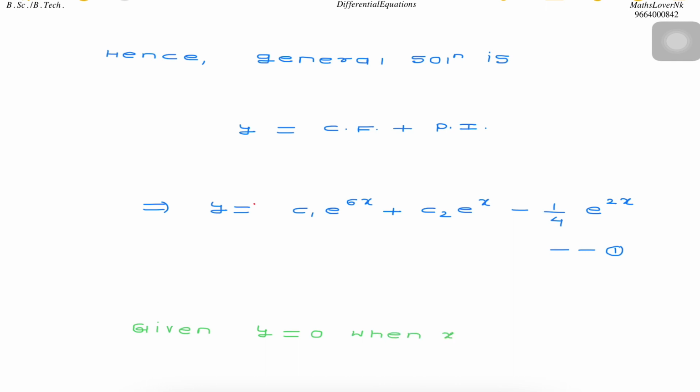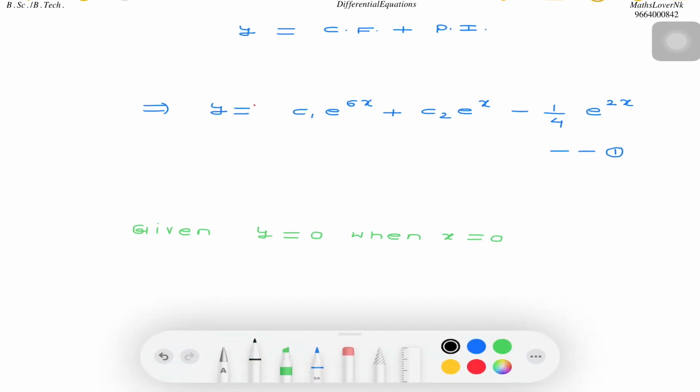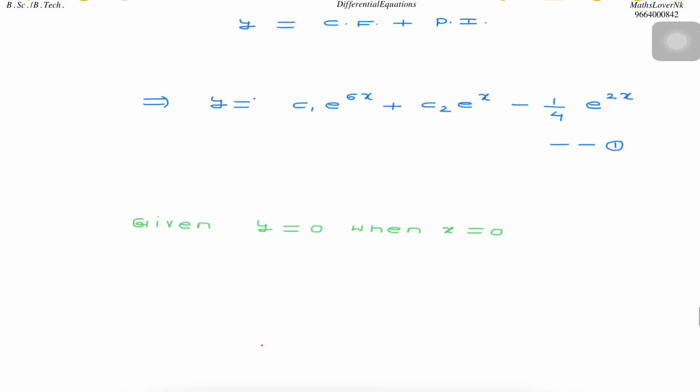When we substitute in equation 1, y is equal to 0, then equation 1 becomes 0 is equal to C1 e the power 0 plus C2 e the power 0 minus 1 upon 4 e the power 2 into 0.